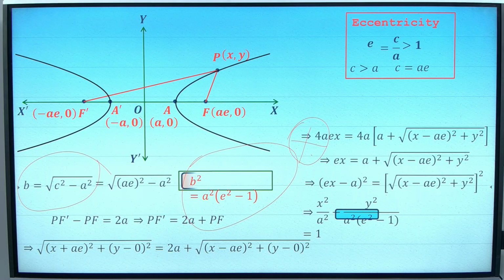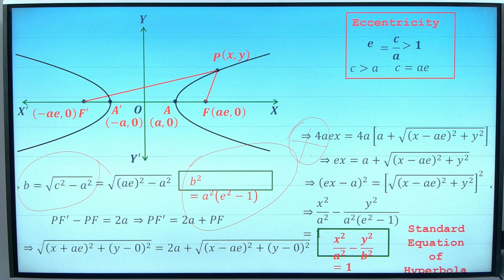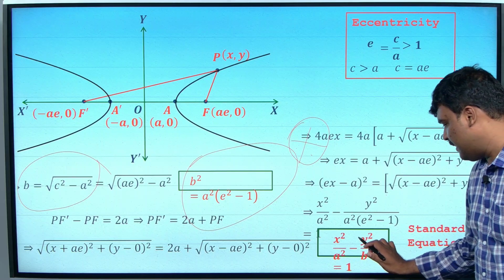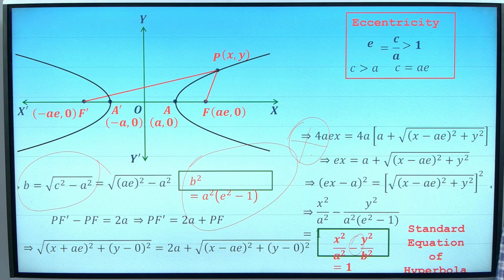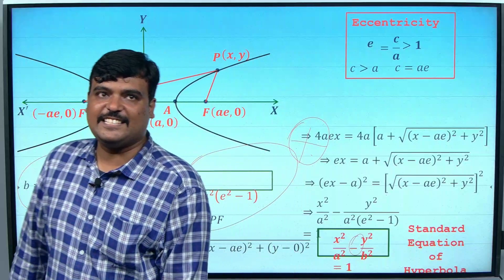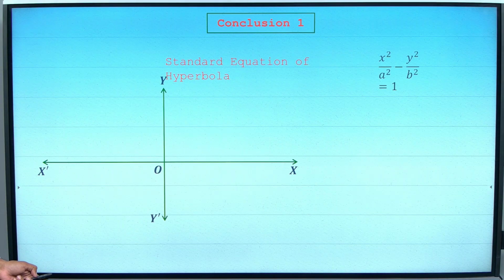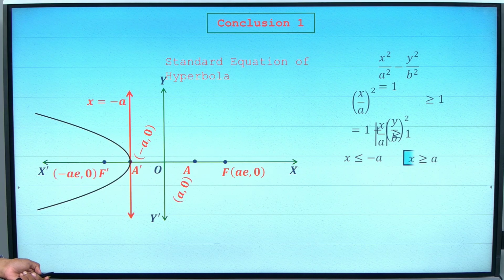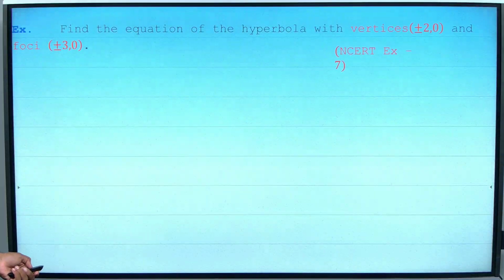So at last the standard form of the equation of the hyperbola is x square by a square minus y square by b square equals 1. If there were a plus there, it would have been an ellipse; because of the minus, it became a hyperbola. In this sum, vertex is plus or minus 2 and focus is plus or minus 3.